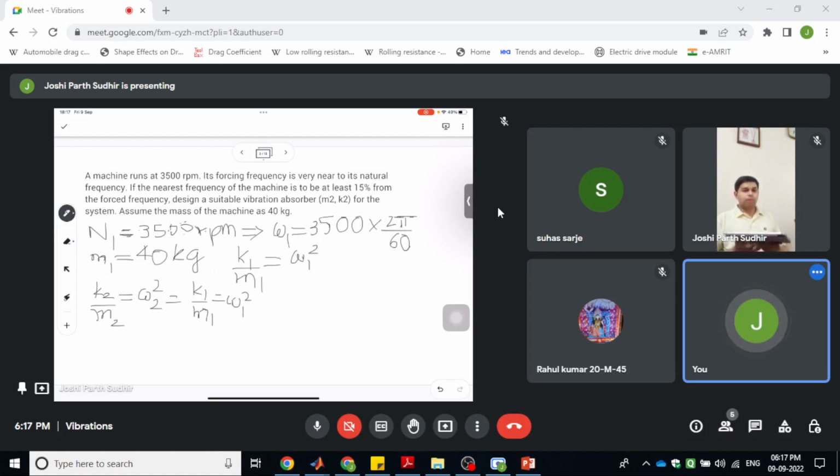So if we try to draw a diagram of this system, a simplified representation of it will look something like this.